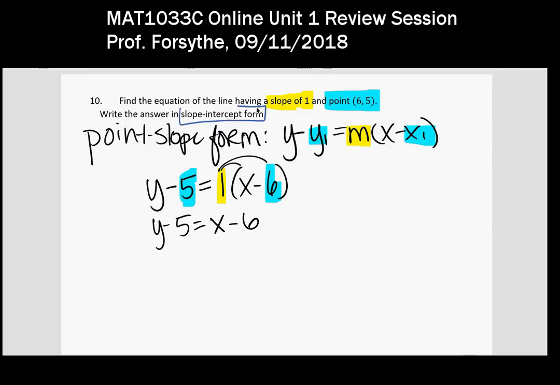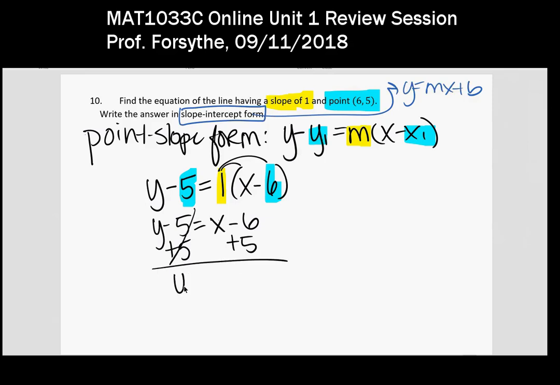If I want it in slope-intercept form, remember that's y equals mx plus b, so we need to get y by itself. We're going to add this 5. So y equals x, and negative 6 plus 5 is negative 1. This will be your final answer in slope-intercept form.